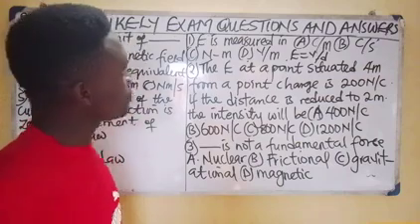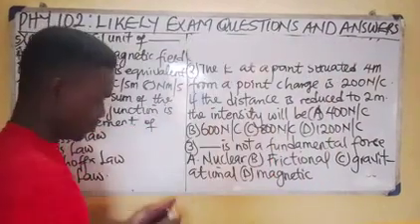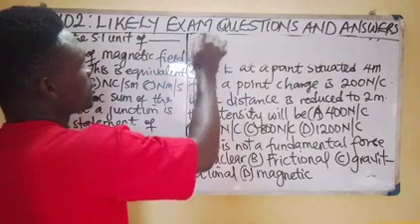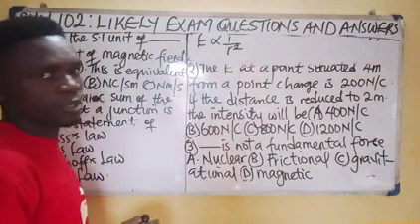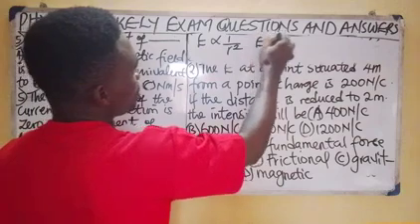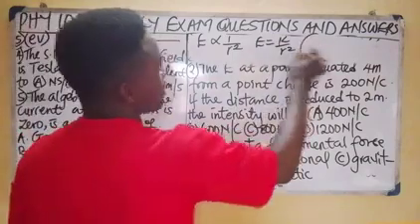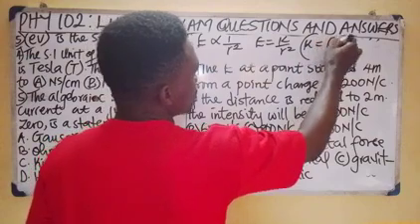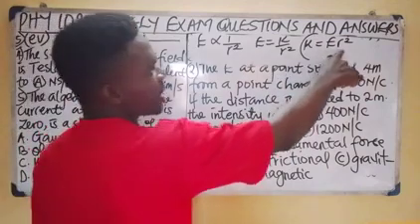Don't forget that electric field intensity, which is E, is inversely proportional to the square of the distance, the radius. So I'll have E equal to K over R squared, and therefore K equals E R squared.